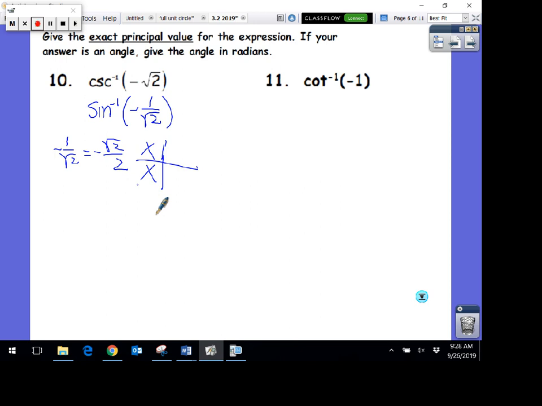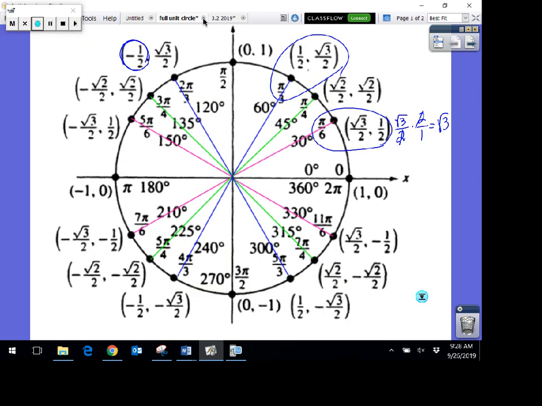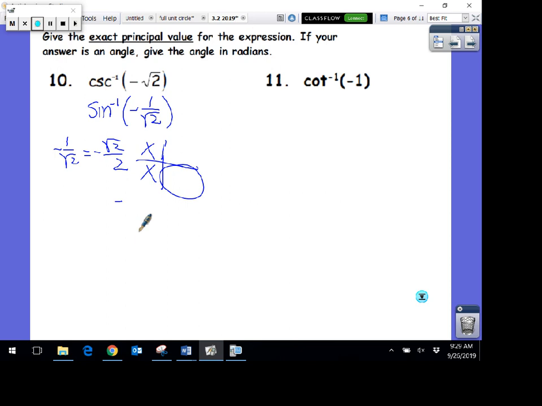So we want to look where it's negative. That's going to be where y is negative in quadrant 4, or 1/y is still negative in quadrant 4. So we're looking for where the y value is equal to negative root 2 over 2. That's right there. Not at 7π/4. We cannot go through quadrant 3. We have to go from 0 in a negative direction and get -π/4.